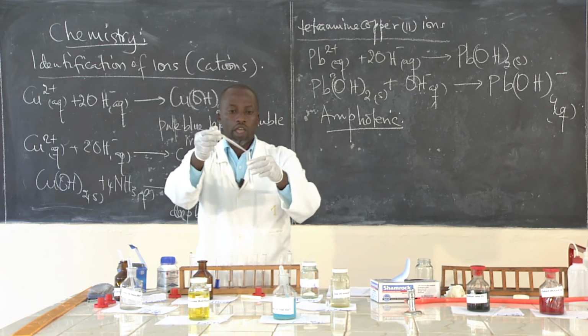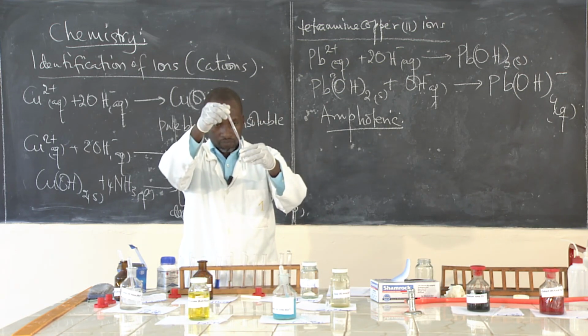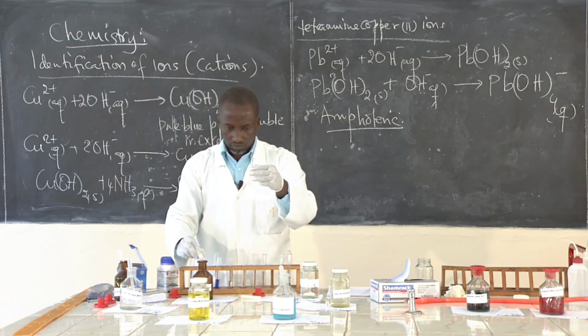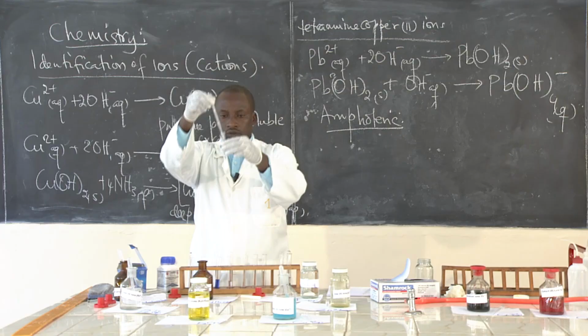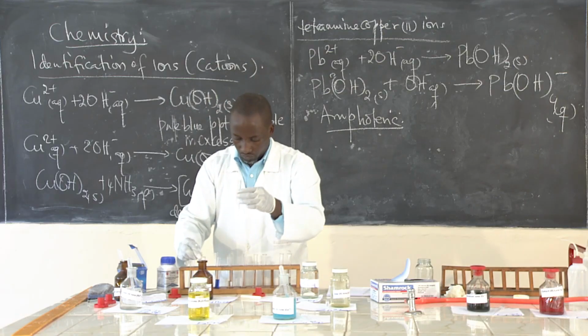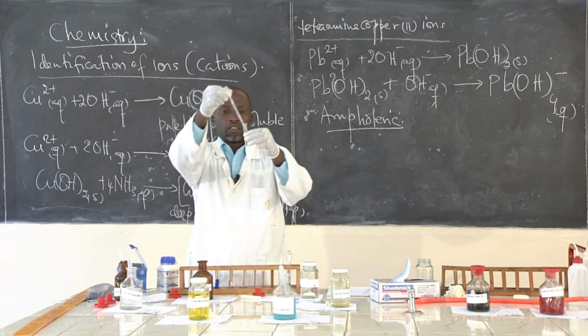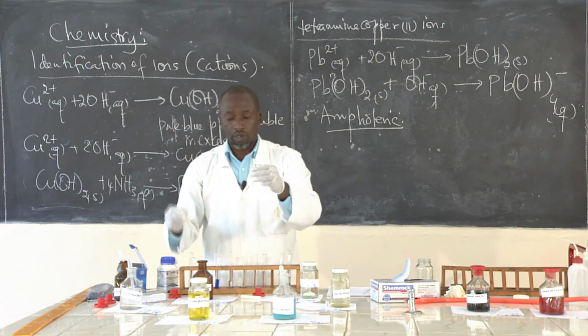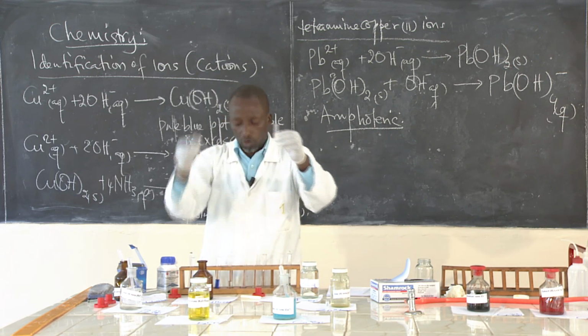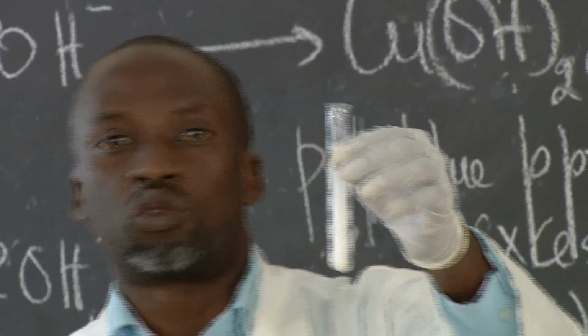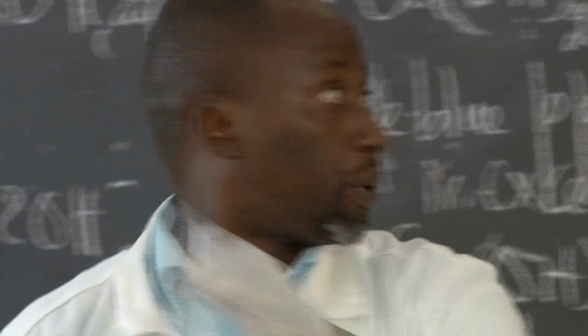White precipitate forms. Excess of ammonia. I think you can tell already that this precipitate is insoluble. It's not trying to change. So it is a white precipitate.